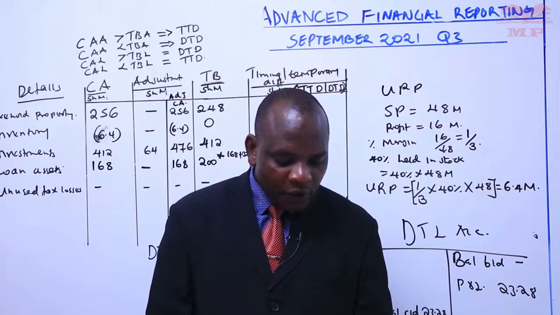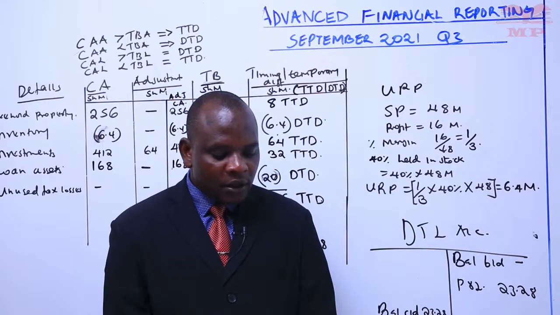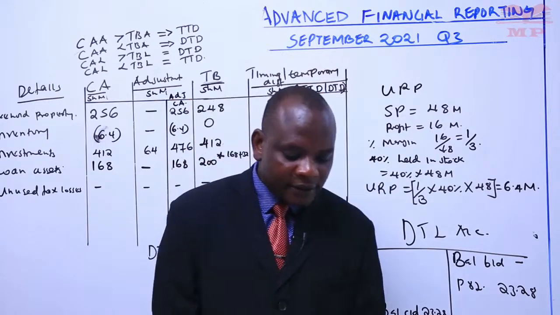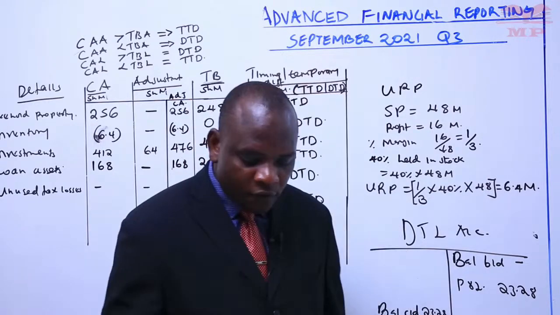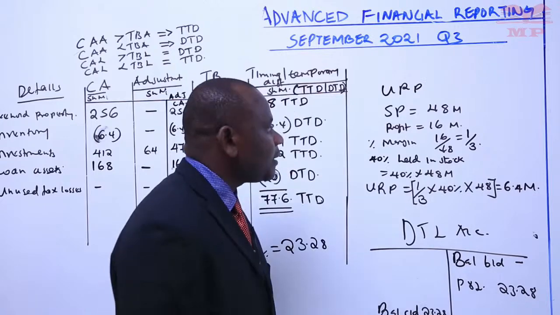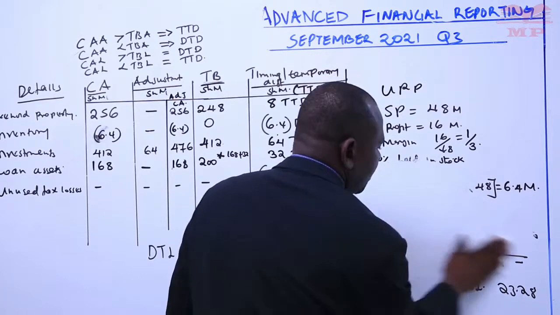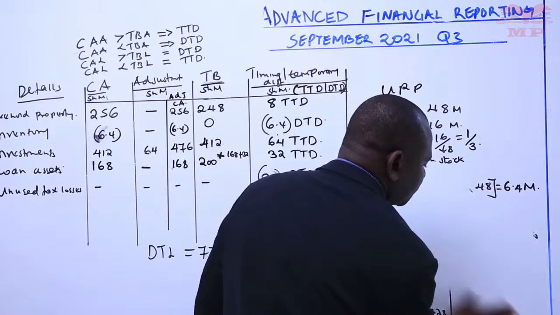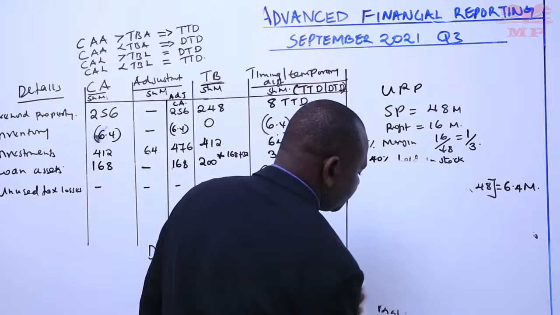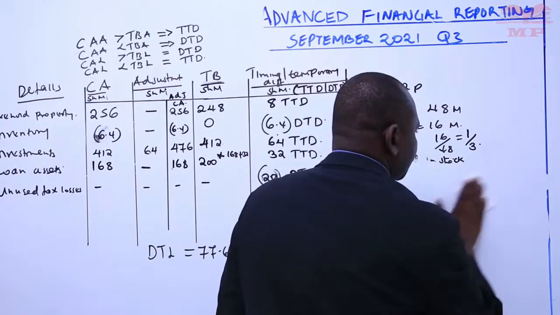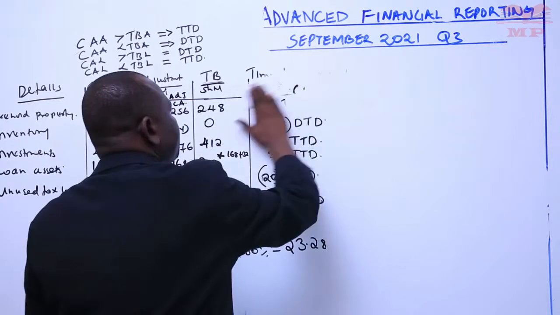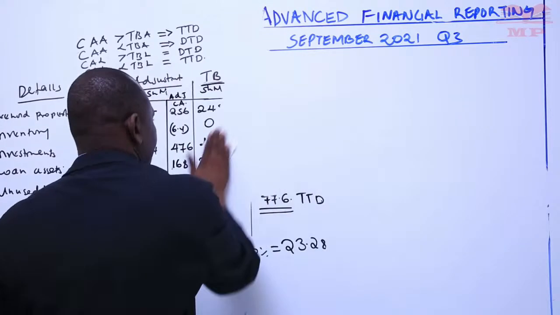Now, we can answer the question that requires you to give an extract of the financial statements. Before we do that, we need to understand how to get the amount receivable if it is equity settled.